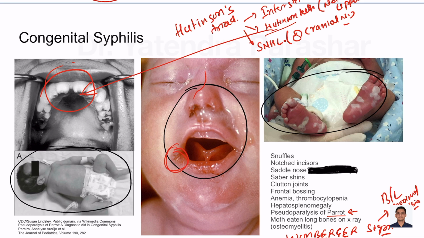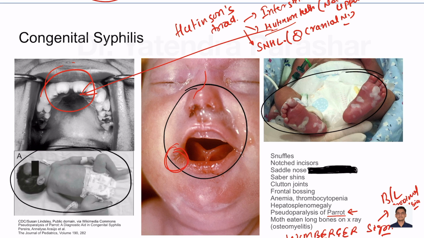Other features are saber shins, that is the anterior bowing of tibia, Clutton joints, that is the bilateral painless swelling of knees or elbows due to the synovitis. And other clinical features include the intellectual disability, optic atrophy, hydrocephalus, and seizures.